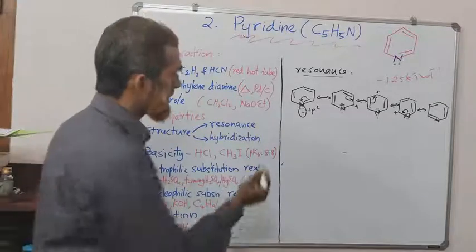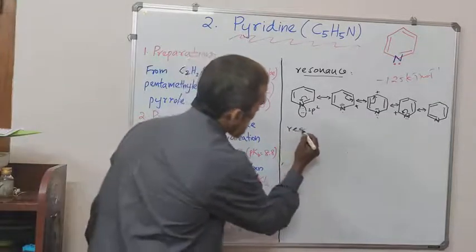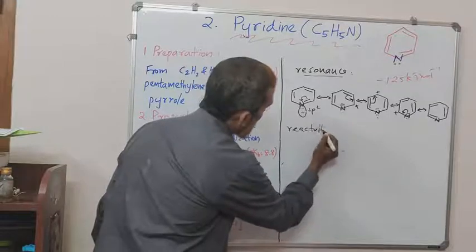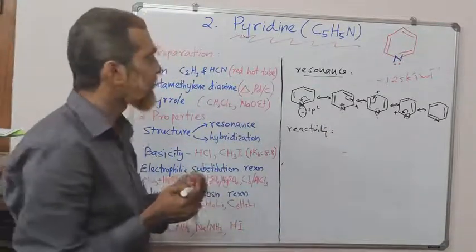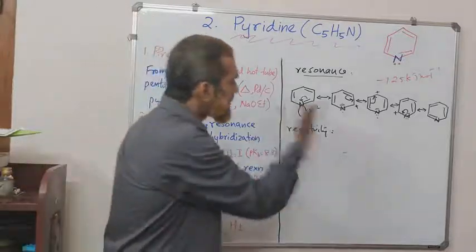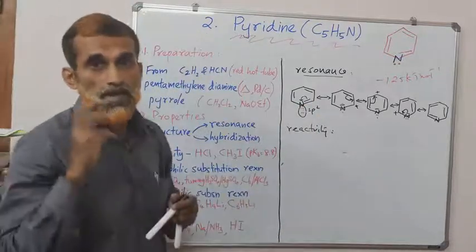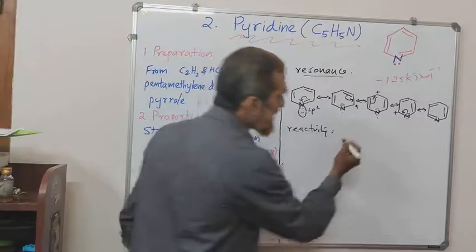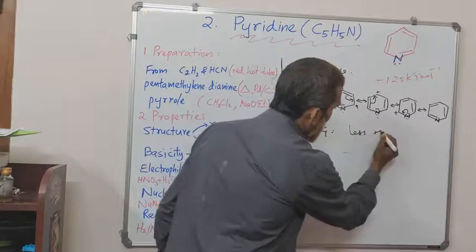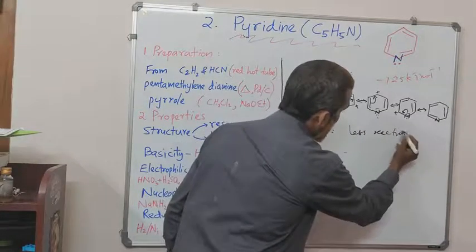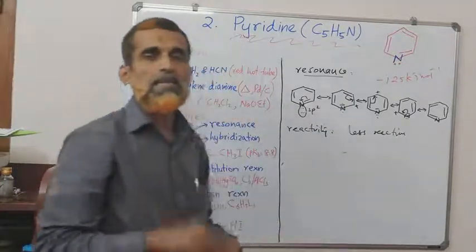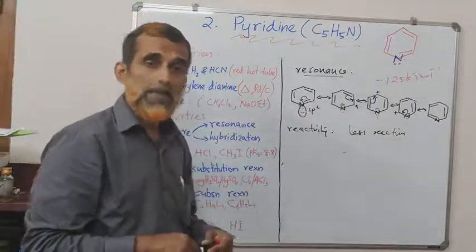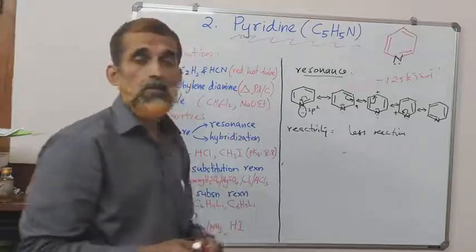We see that when we consider the reactivity of pyridine towards electrophilic substitution reaction, it's found to be less reactive than benzene. Between pyridine and benzene, pyridine is less reactive than benzene towards electrophilic substitution reaction.